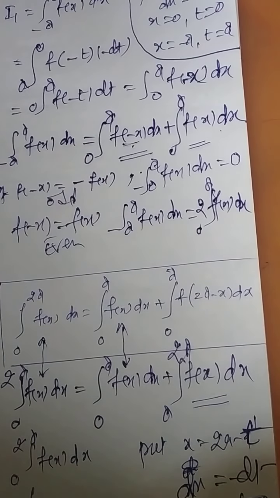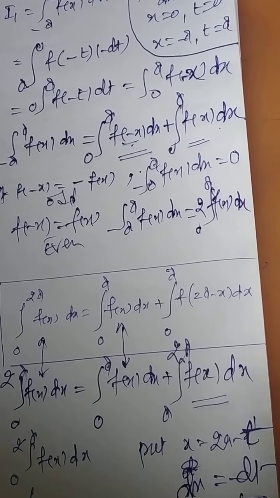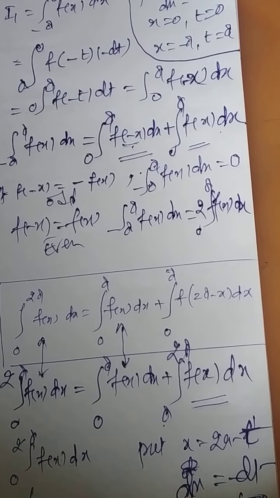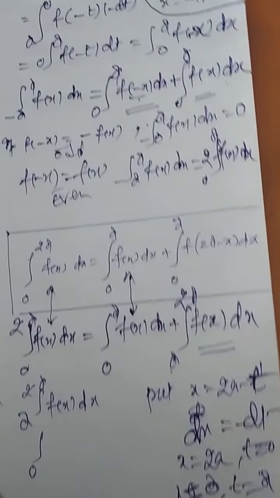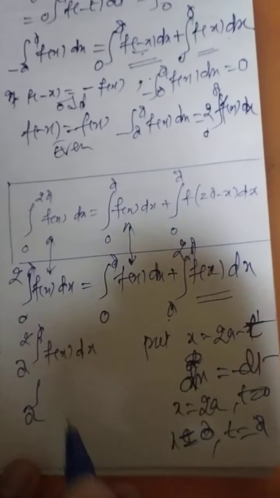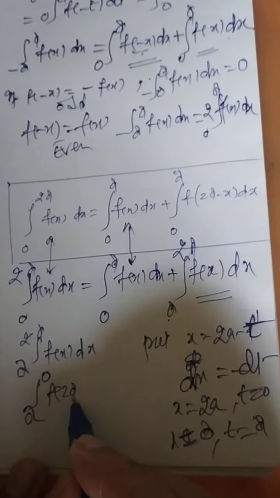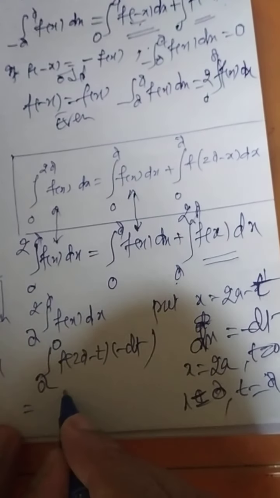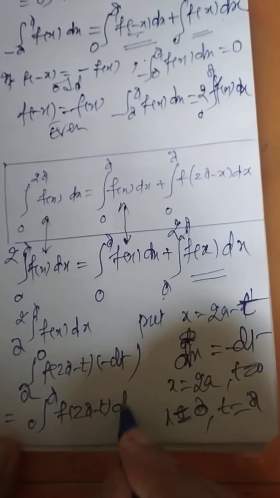And when x is equal to a, the lower limit, then t will be equal to a. Now check: the limits go from a to 0, and the integrand is f of 2a minus t times minus dt. Change the first negative by flipping the limits, and it will be 0 to a of f of 2a minus t dt.